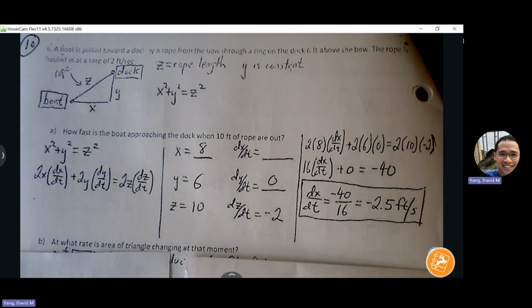Okay, part B, at what rate is the area of the triangle changing? Here's the area of a triangle. Trying to find dA/dt, so with 2 variables here being multiplied, I have to go through the product rule.